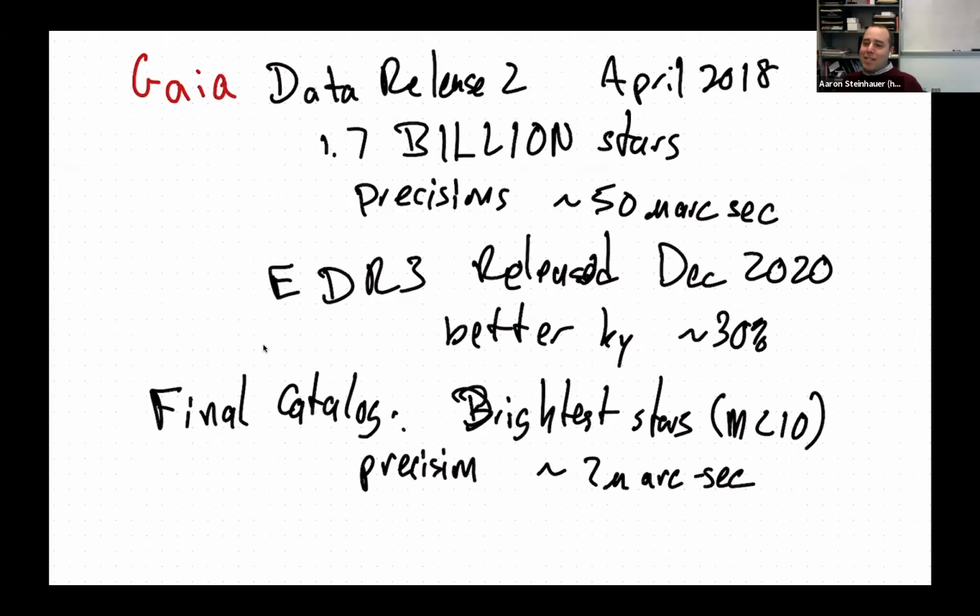Peoria, Illinois is almost exactly 1,000 kilometers from us. So a human hair in Peoria, Illinois has an angular size of 7 micro arc seconds. That's how accurate this thing is going to be. It's staggering. Fainter stars will have slightly worse parallaxes, obviously, but that's not really the point. The point is it's pretty amazing.